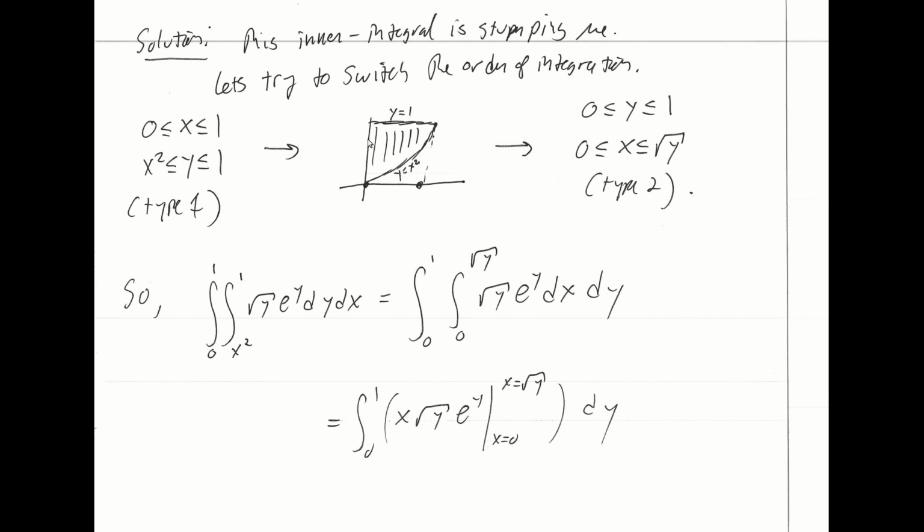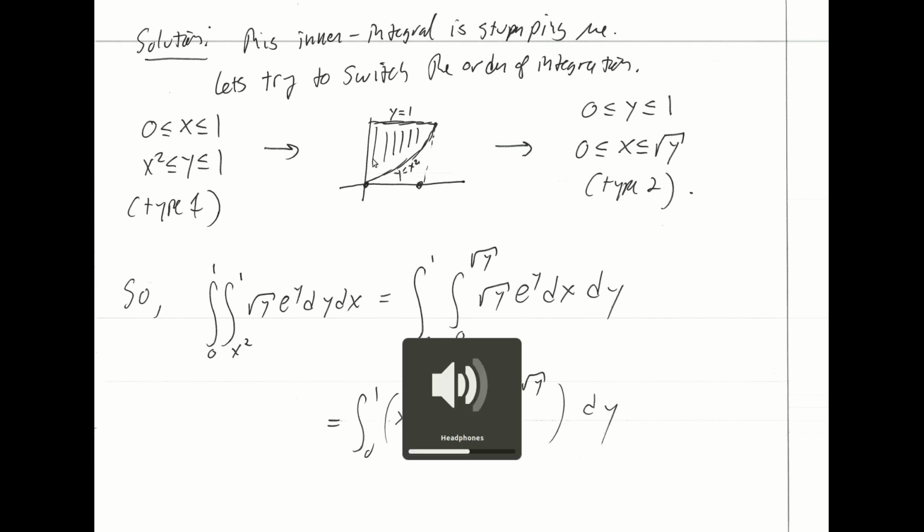So the y-axis is x equal to 0. That is my left-hand bound for x. And the right-hand bound for x is still this equation y equal to x squared, but I need to solve it to write x as a function of y. So I get x equal to the square root of y for the right-hand bound. And again, it's the positive square root because we're on the right half of the plane, meaning x values are positive.